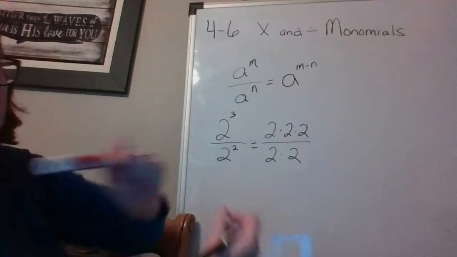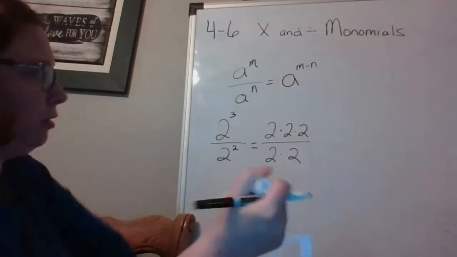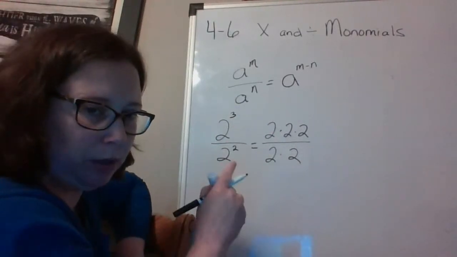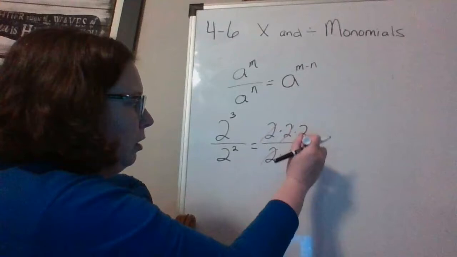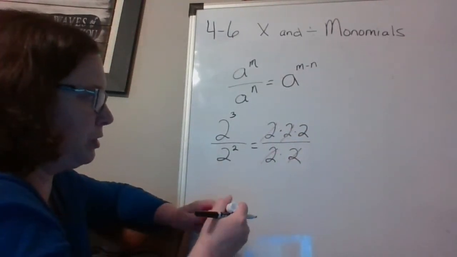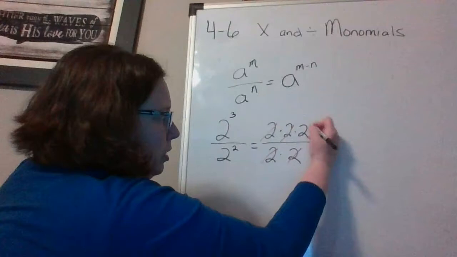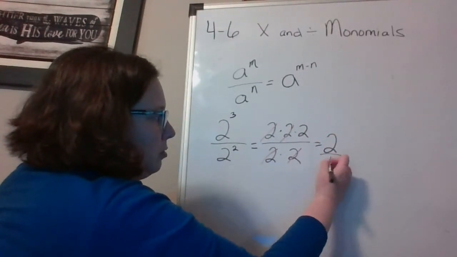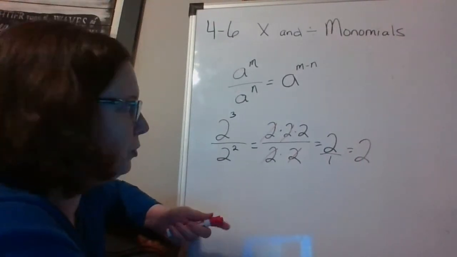When you're looking at these, remember from the last section, if you have the same thing on the top in your numerator and the bottom in your denominator, they cancel out. So we have a lot of 2's there that just canceled out. We are left with this one 2 on the top. So all we have left is the number 2.